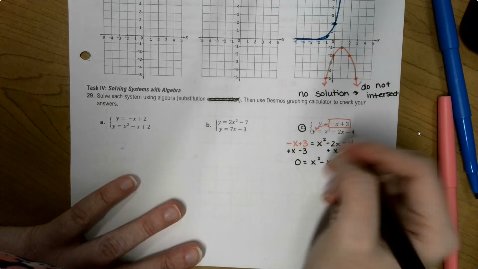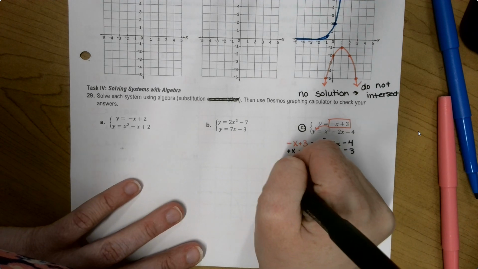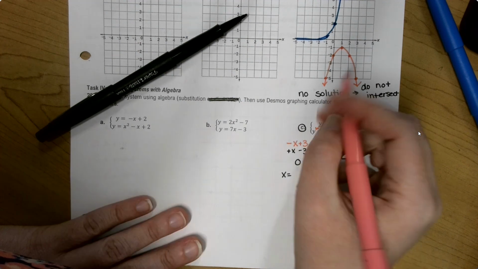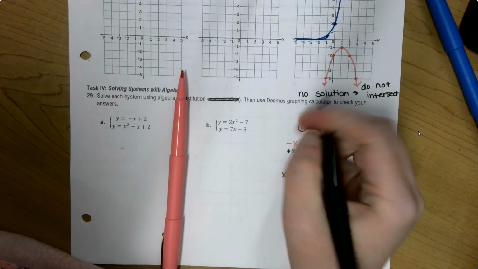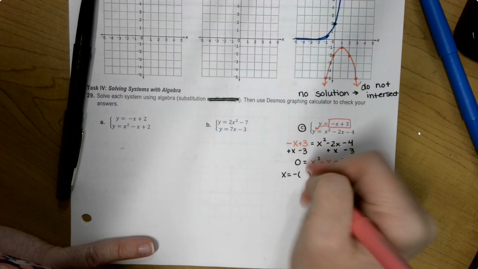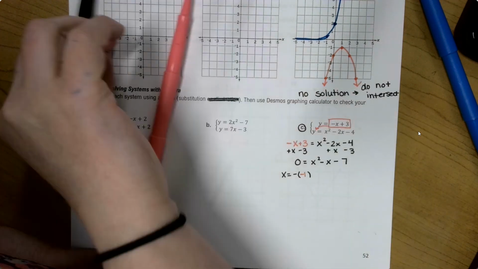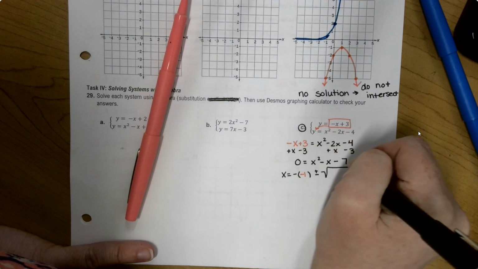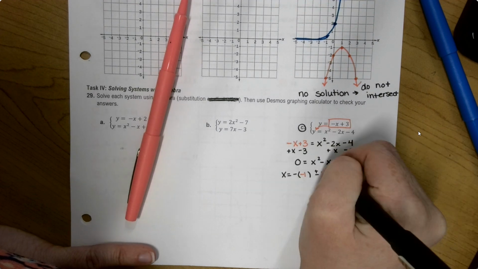So quadratic formula, x equals negative b. So we have negative, our b value is -1, plus or minus the square root of b squared.